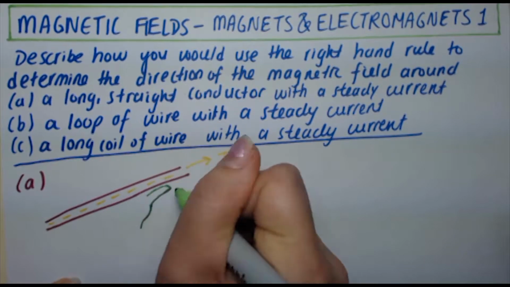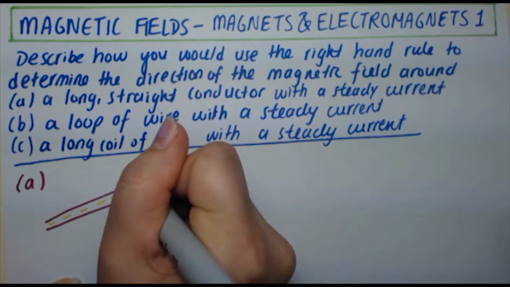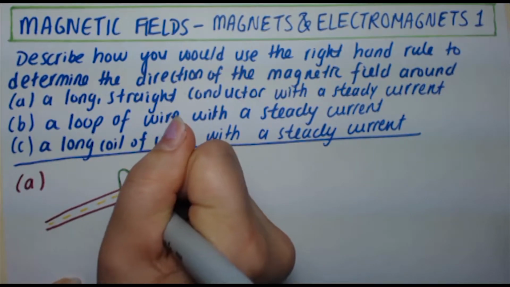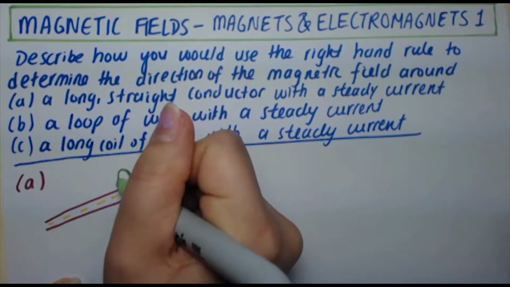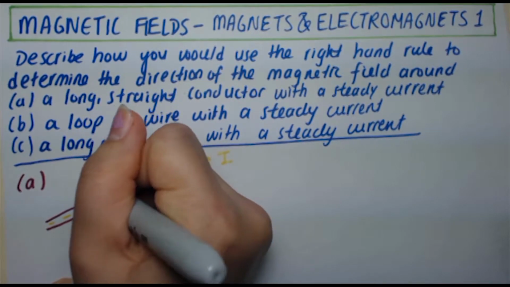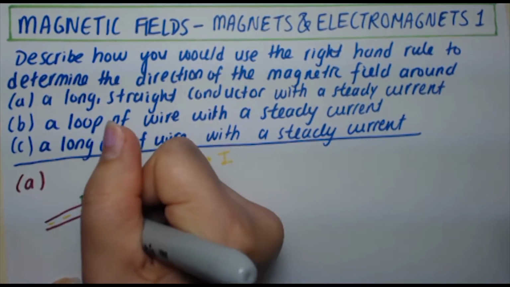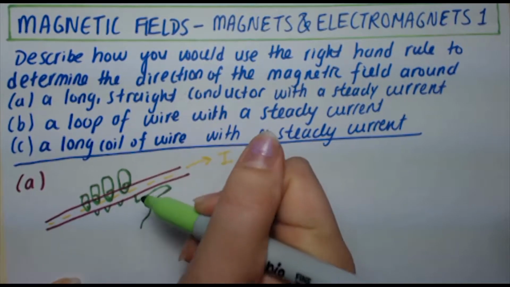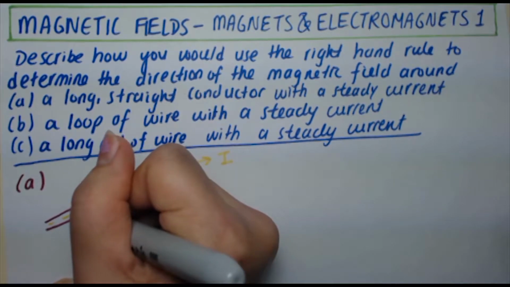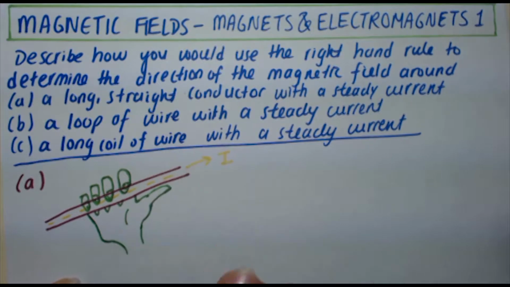Your thumb points in the direction of the current, and your fingers curl around in the direction of the magnetic field. There's one finger, another finger, another finger, and they're connected like this. I've always thought that they should send physics teachers to art camp to learn how to draw, but you'll have to deal with that picture for now.